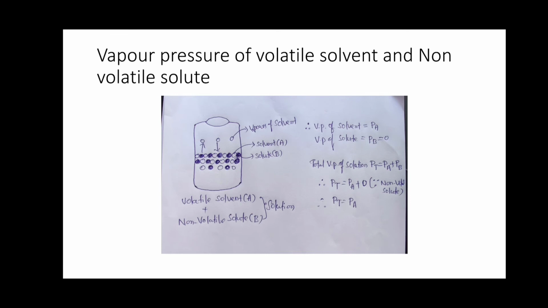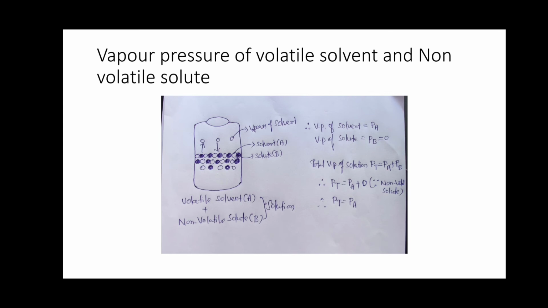The surface occupied by solvent molecules converts into vapors, and those vapors create the vapor pressure. So the solute vapor pressure here is going to be 0, and the solvent vapor pressure is going to be PA. Vapor pressure of the solvent is PA, vapor pressure of the solute PB is equal to 0, because the solute is non-volatile. If it is non-volatile, there is no vapor pressure.